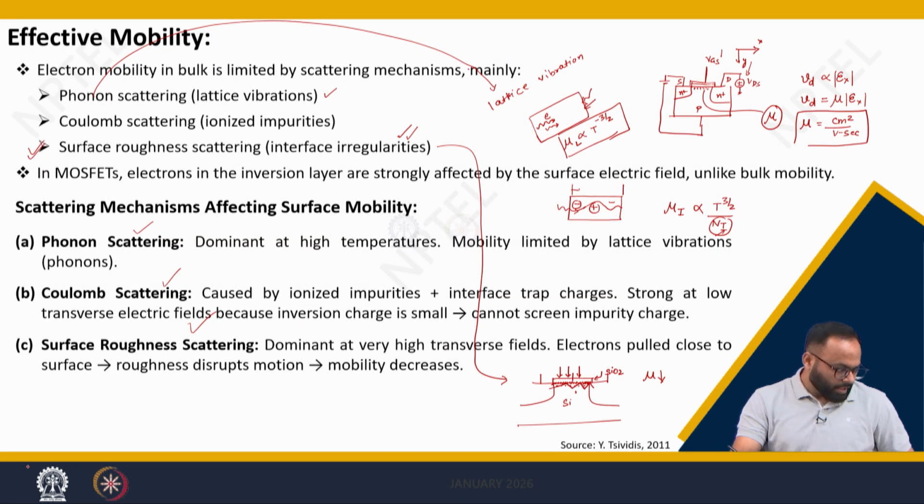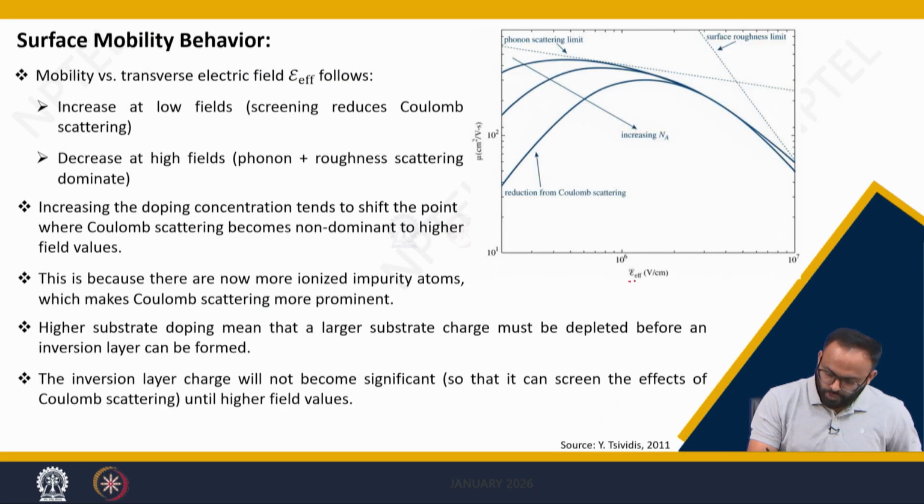Now let's see how the effective mobility varies with the effective voltage or effective field. Here this is our MOSFET, with drain, source and gate. The gate field is vertical, along the y direction, and this is the x direction. We define this field as E effective. Let us consider a particular Na value, where Na is the substrate doping.